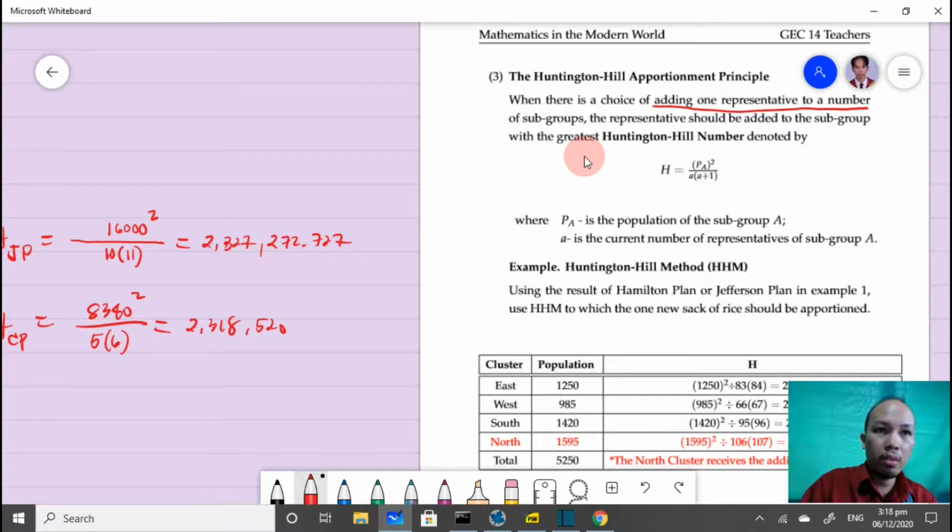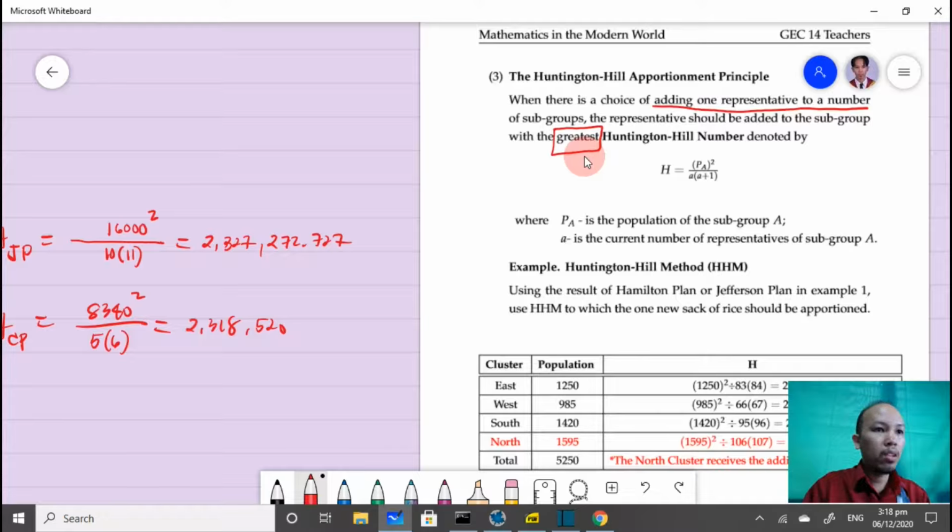All of them are smallest: the average constituency is smallest, the AUC or ACU is smallest, the RUA is also smallest. So from here, in the Huntington-Hill apportionment principle, we will use greatest.